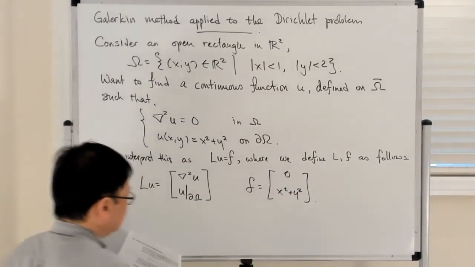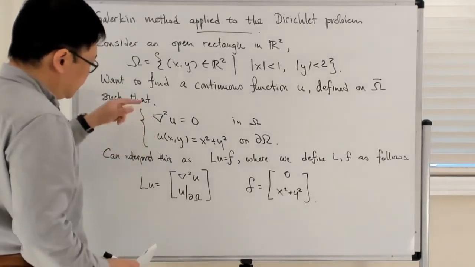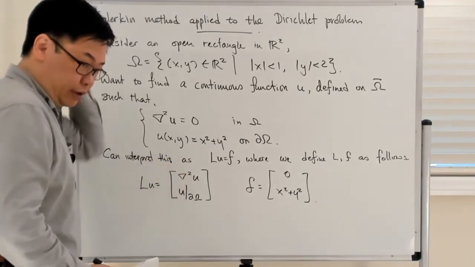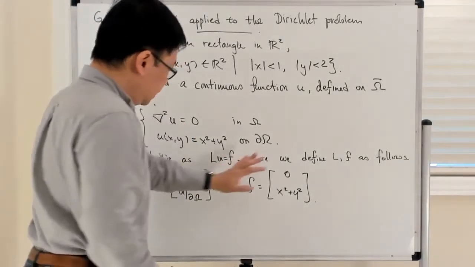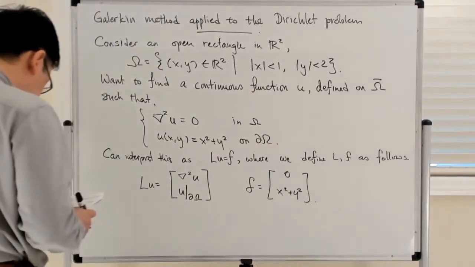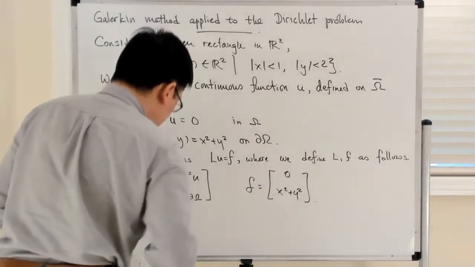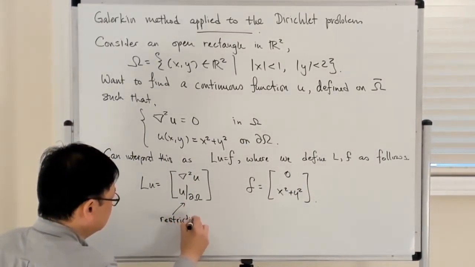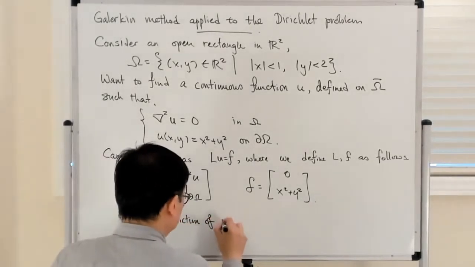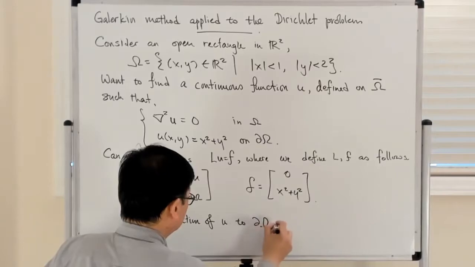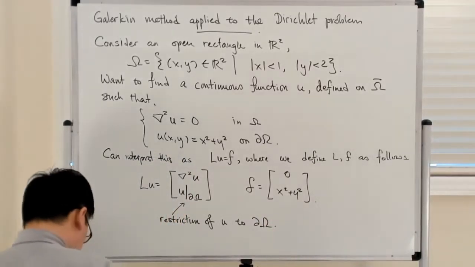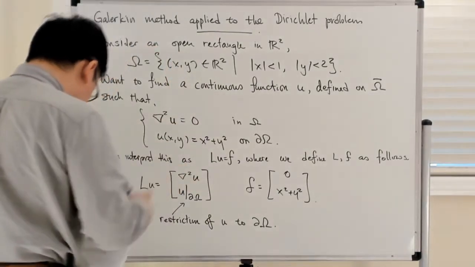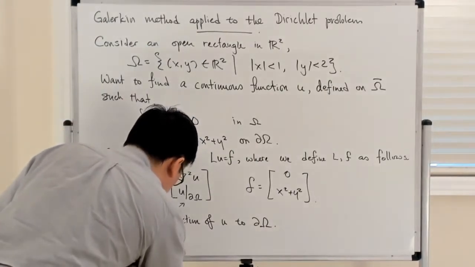So basically we're thinking of both the actual differential equation as well as the boundary condition as a linear operator acting on the solution, equal to some prescribed right-hand side. This denotes the restriction of u to the boundary, and it's a linear operator.